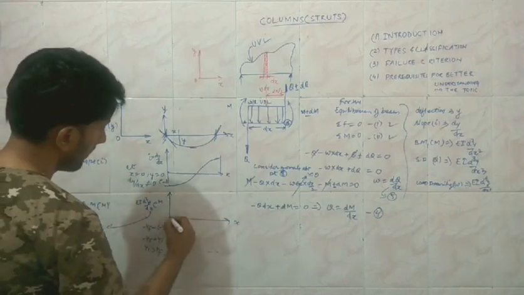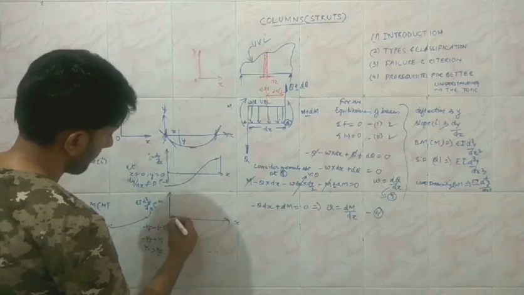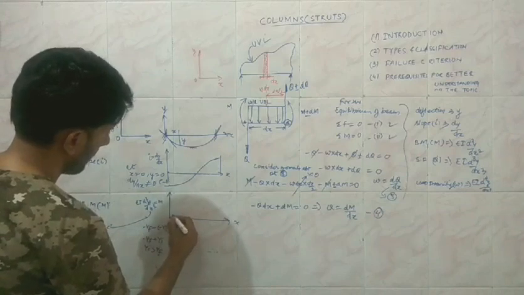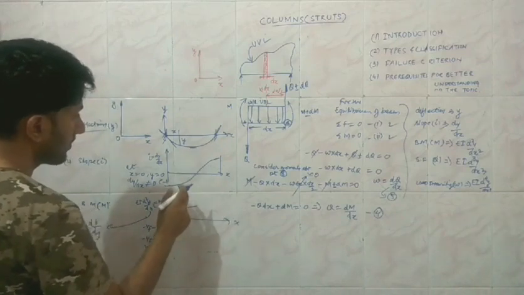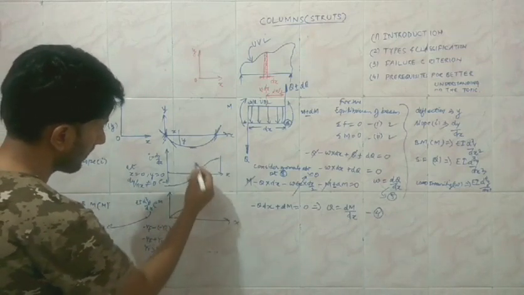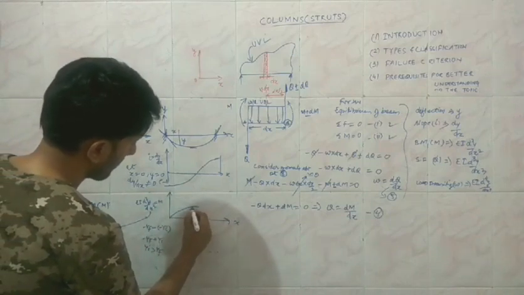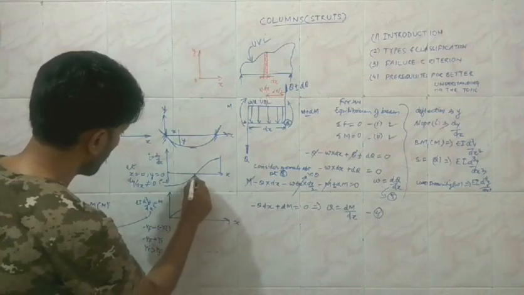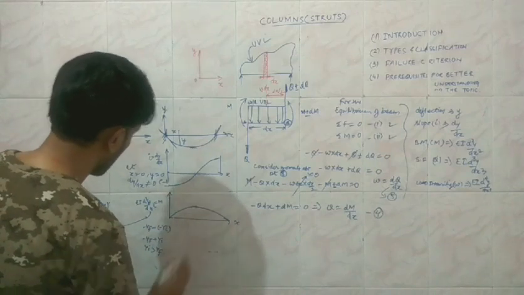So we are moving from a positive sign. And we know that the bending moment is maximum at the center in a simple case, at the point where the slope is 0, and this is the case.